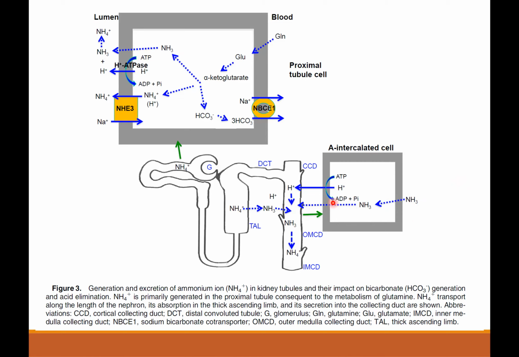For that, it requires H-ATPase. There is only one mechanism. H+ is secreted, ammonia diffuses, both of them go. This diffusion of ammonia here is under the influence of the rhesus protein RhCG. So that is the one which allows the ammonia to go and combine with the hydrogen to form ammonium ion.